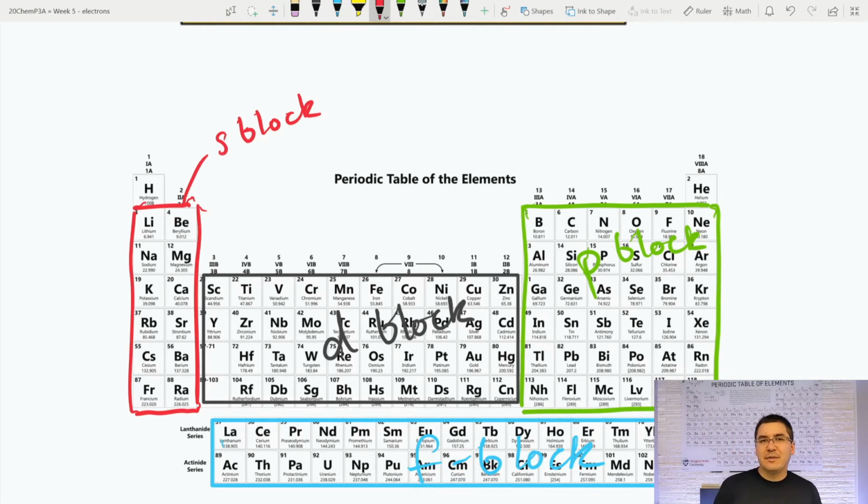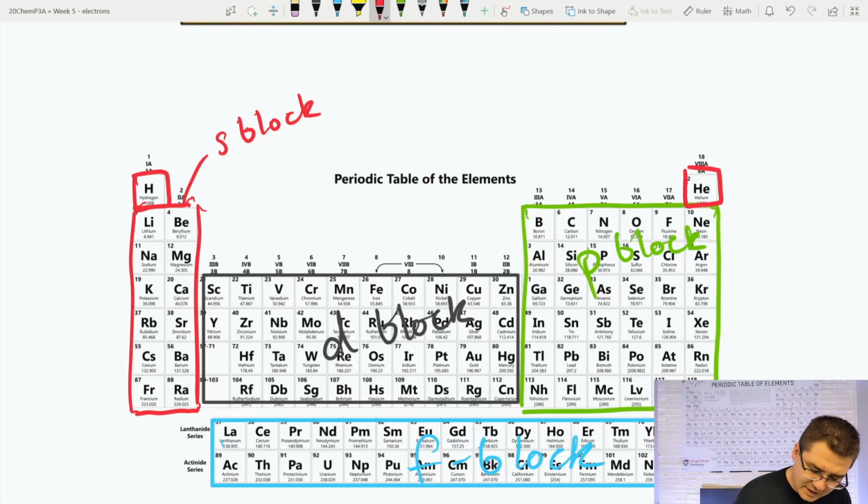But we have to remember a few things. I'm glossing over a lot, but if you can just remember some basics, S, P, D, F, and where they start, this is going to be really helpful. I should have included hydrogen and helium in the red. Actually, we could write helium over here temporarily, and we'll talk about helium more in the Zoom lecture.